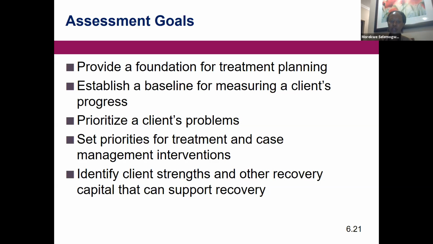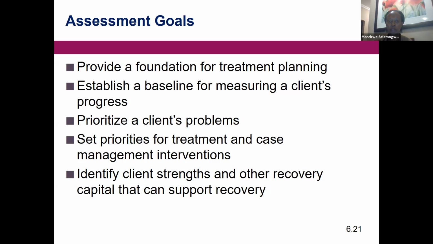Now the question is, what are the goals of assessment? Assessment provides us with a foundation for treatment planning. The information that we get through our assessment determines the type of treatment that our clients would require, the type of treatment and the duration of treatment.